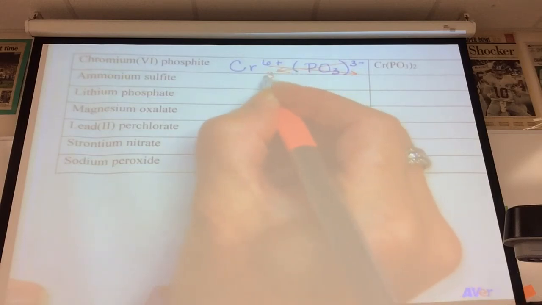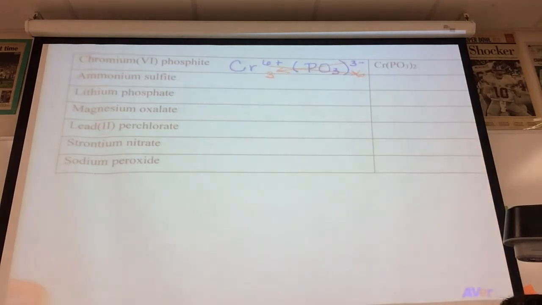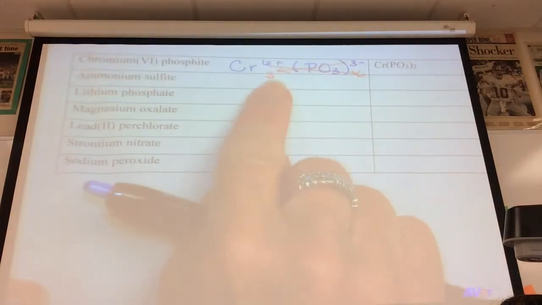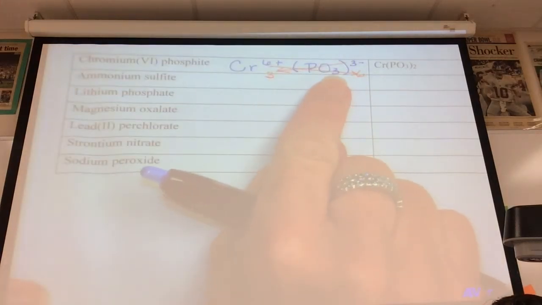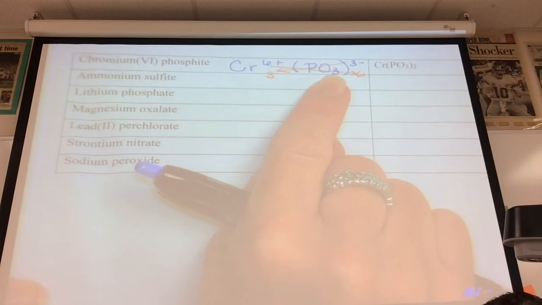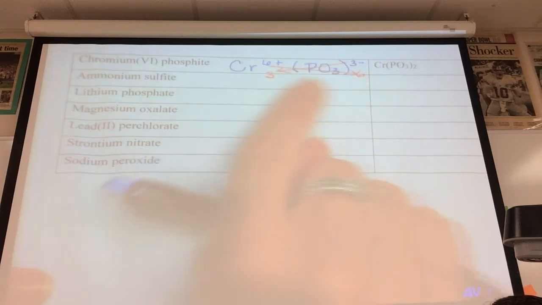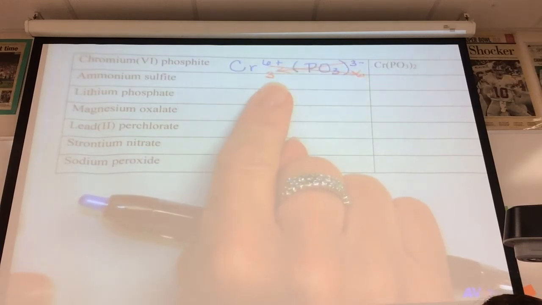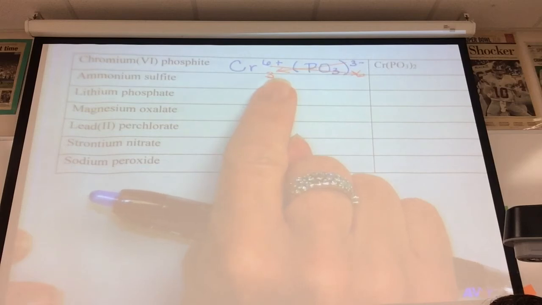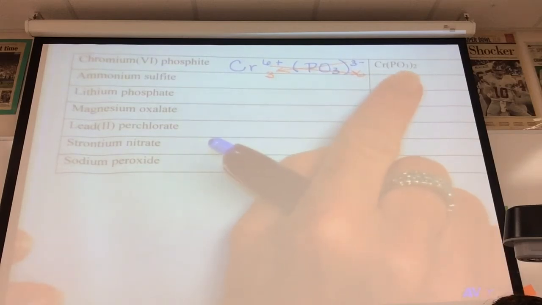Can you reduce a 3 and a 6? Yes, to 1 and 2. But I didn't touch that 3 because it's part of the original polyatomic ion. Don't touch it. That is a no-no. That is a disaster. If you start doing that, I'll have you write in different color pencils for the superscripts that become subscripts so you know not to do it. So that reduces to the 1 and the 2 shown here.